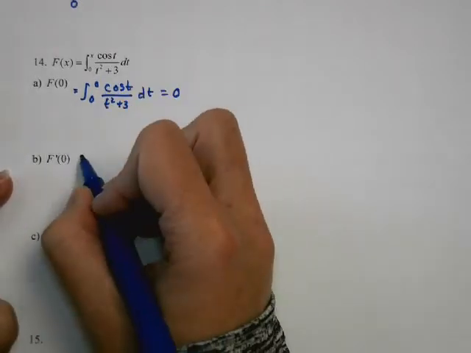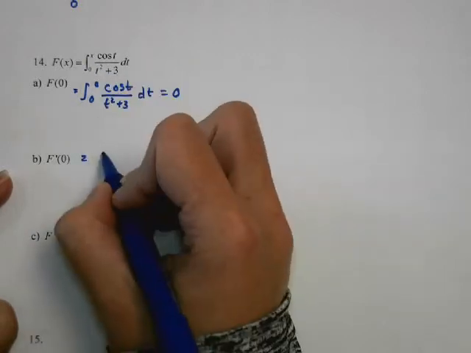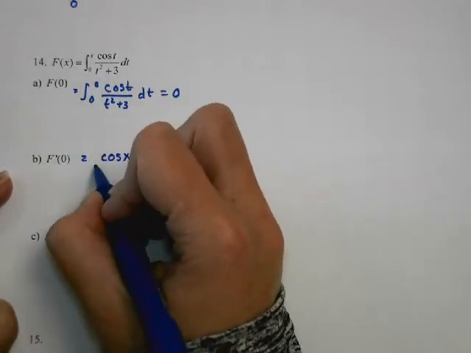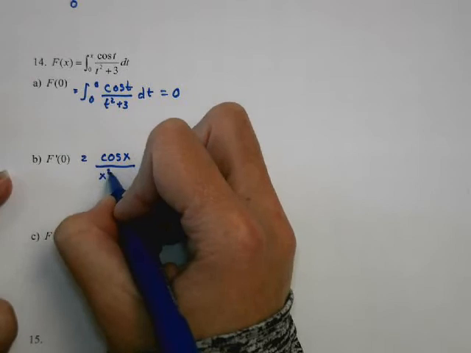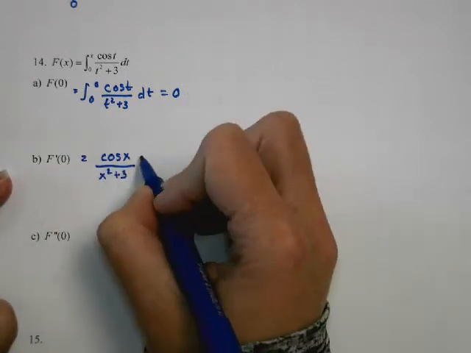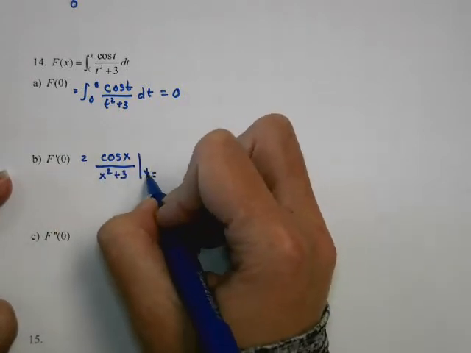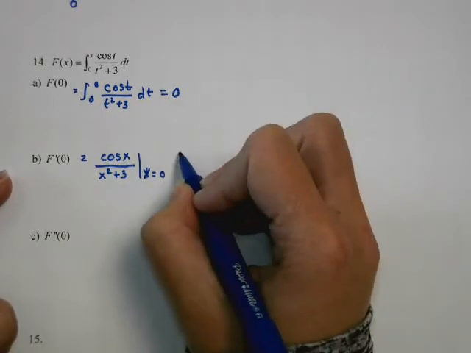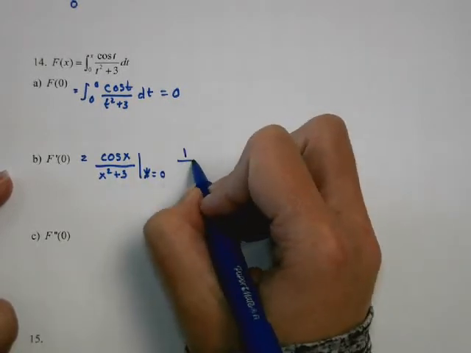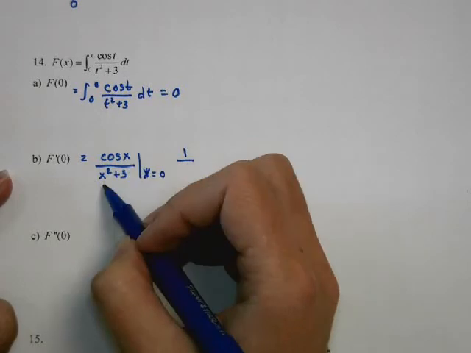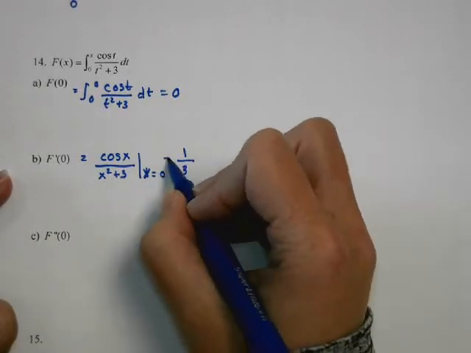F prime, well that's going to be the derivative of this, which is going to be cosine x over x squared plus 3, evaluated at x equals 0, which is going to be the cosine of 0, which is 1, over 0 plus 3, which is 3.